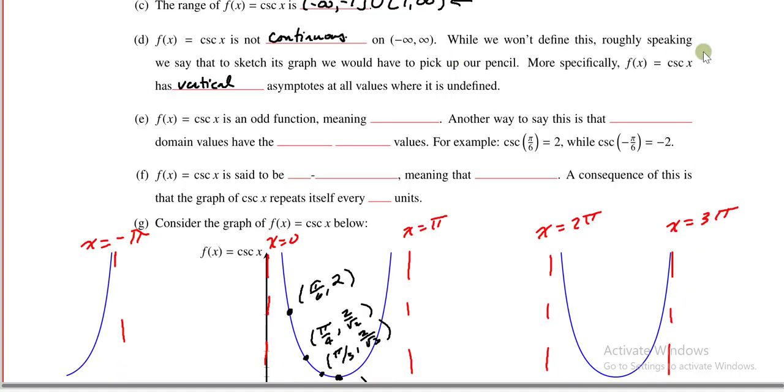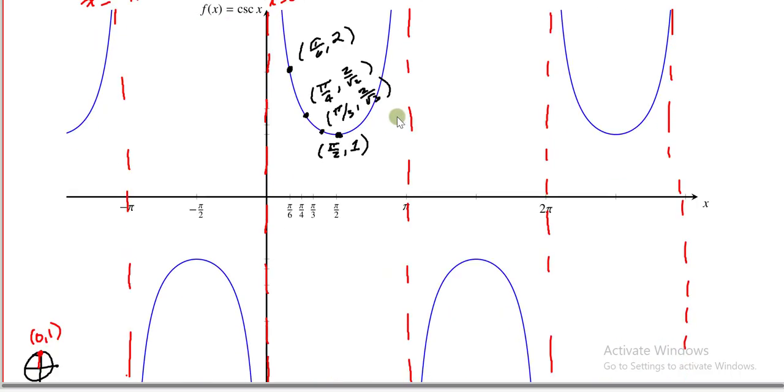The cosecant function is an odd function, meaning that f of negative x is equal to negative f of x. Another way to say that is that opposite domain values always have opposite range values. Let's see what we mean by that. I want to highlight this point right here. We found that when we plugged in pi over 6 into this function, it spat out the value 2.